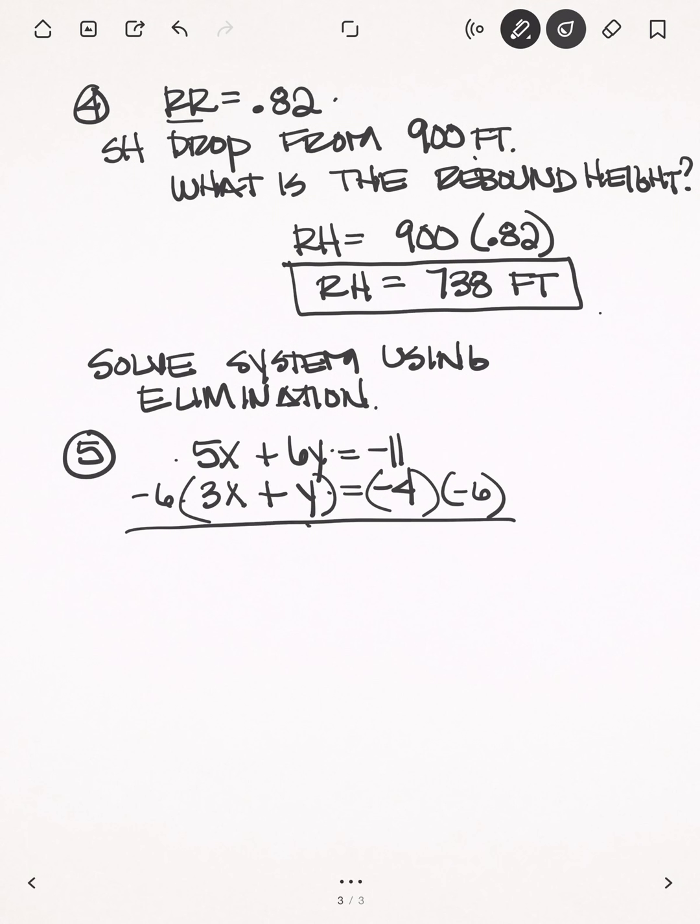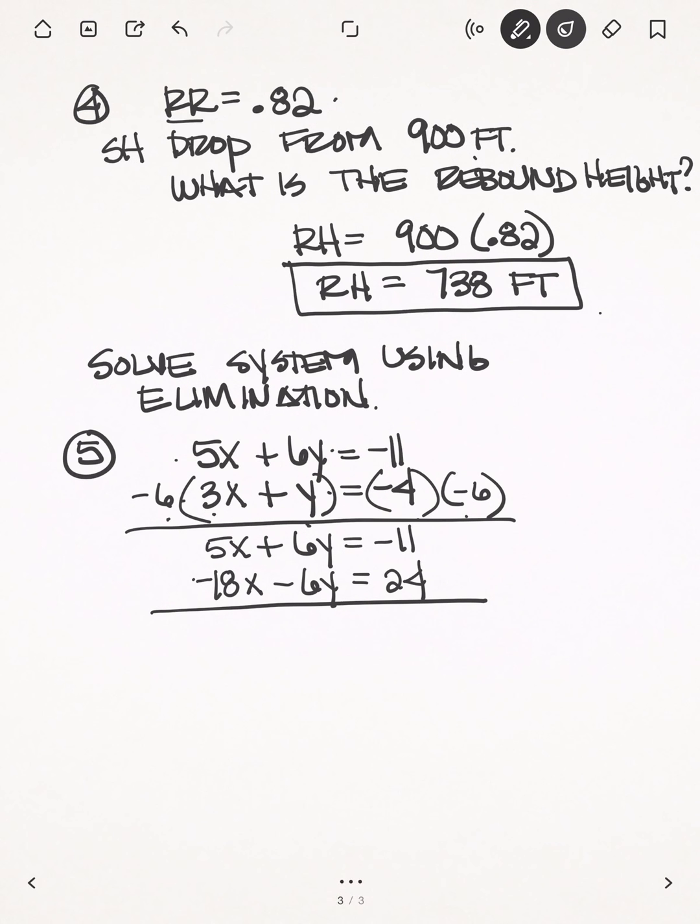So what's our new system going to be? Well, I'm going to recopy the first equation. And our new equation is going to be, when I multiply here, negative 18x minus 6y is equal to, negative times a negative, that's positive 24. There is my new system.